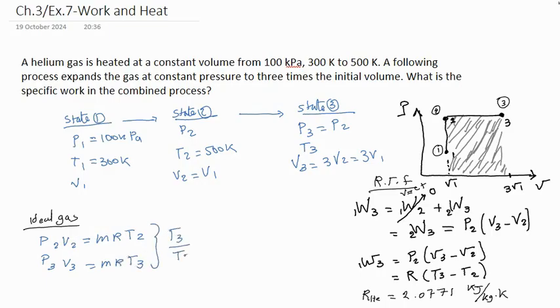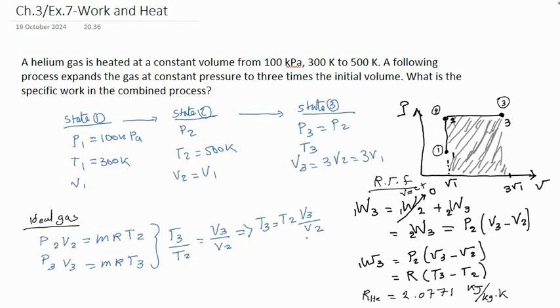Taking the ratio of those, we also know that the volume in state 3 is 3 times that of volume in state 2.